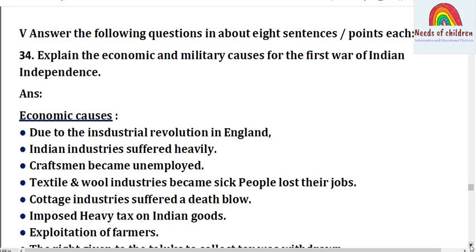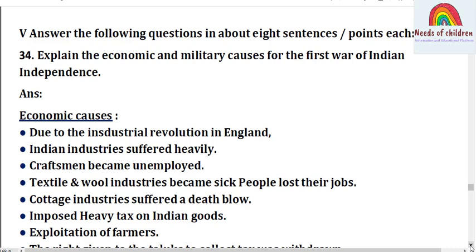In that first question: explain the economic and military causes for the first war of Indian independence. They have asked about economic and military causes. First, economic causes. Due to the industrial revolution in England, Indian industries suffered heavily. Craftsmen became unemployed. Textile and wool industries became sick. People lost their jobs.